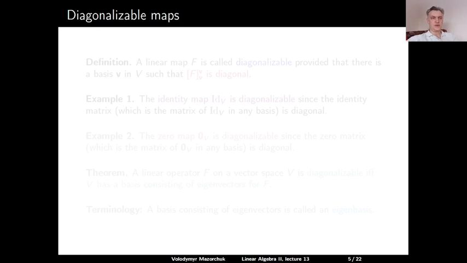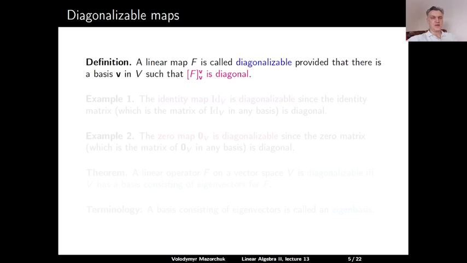Let us now talk about diagonalizable maps. Definition: a linear map F is called diagonalizable provided that there is a basis bold V in V such that the matrix of F in this basis is diagonal.